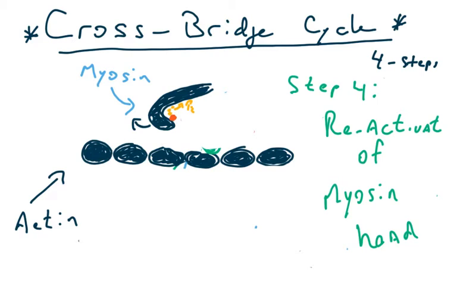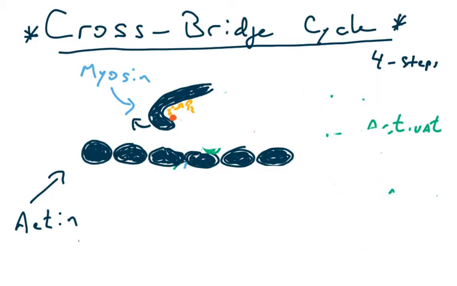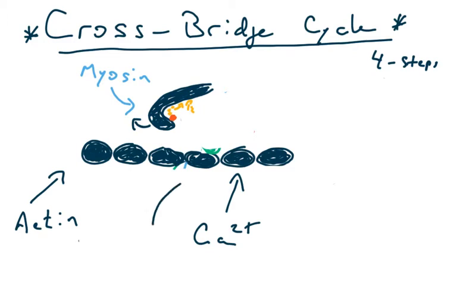Now, what I want to point out is that this 4-step process will continue as long as a couple of things are still available. The first is calcium is still available to keep the tropomyosin in its conformational form to allow the actin active sites to be unblocked.